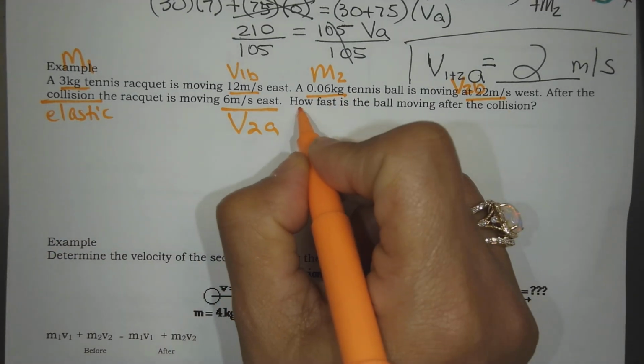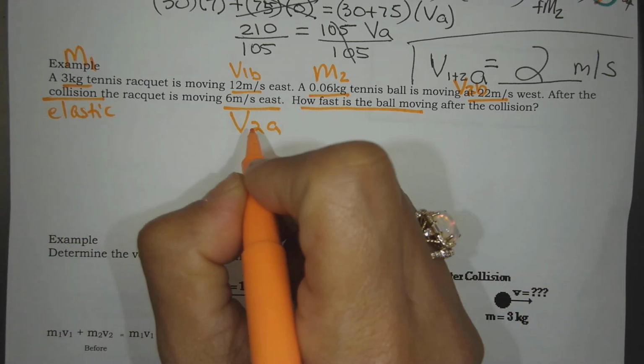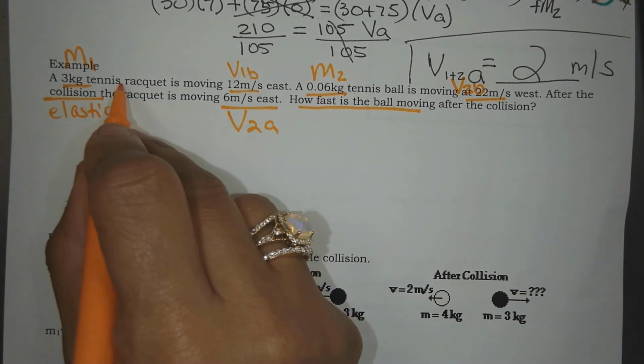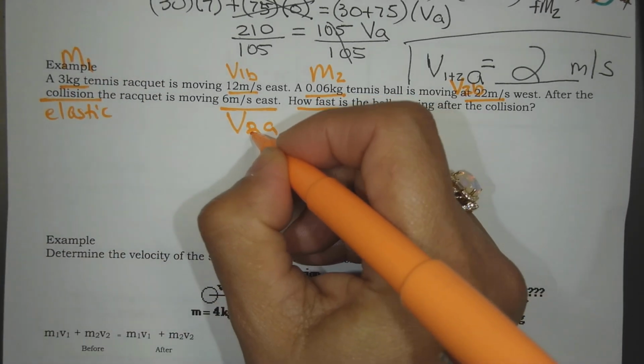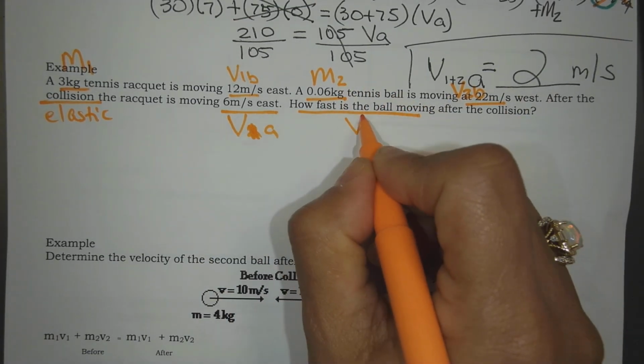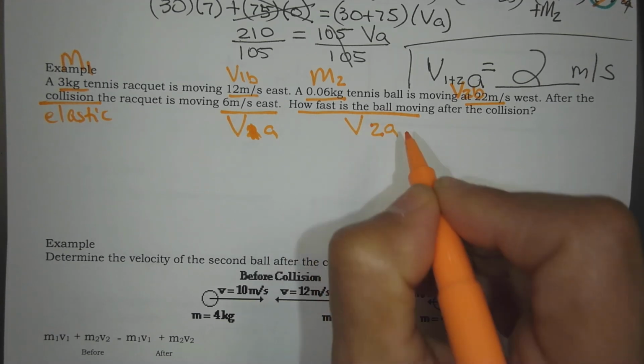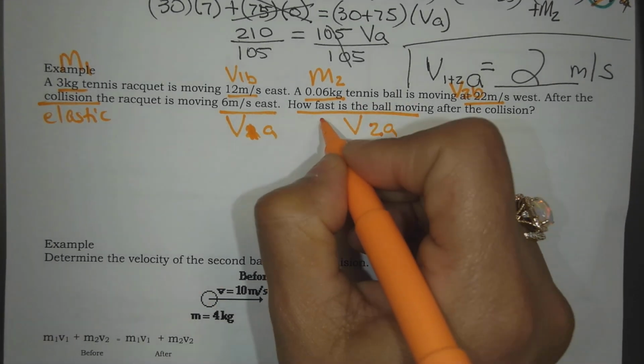How fast is the ball moving? Forgive me. The racket is object 1. The ball is object 2. V2A. There we go. Question mark.